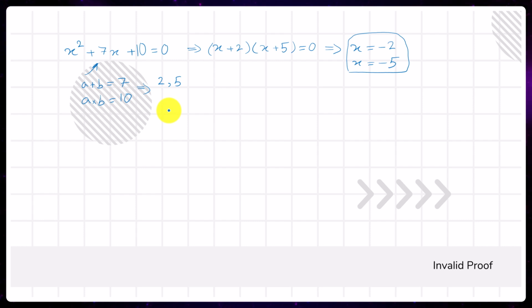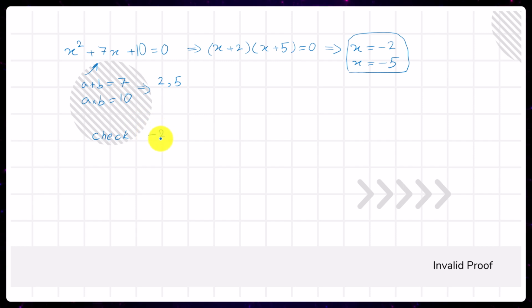I'm writing these steps so that you know what's happening in my mind. Otherwise, when you're actually solving this kind of question, most of these steps happen in your mind, and you don't even need to write them down. So let's just check our answers and see if they check.